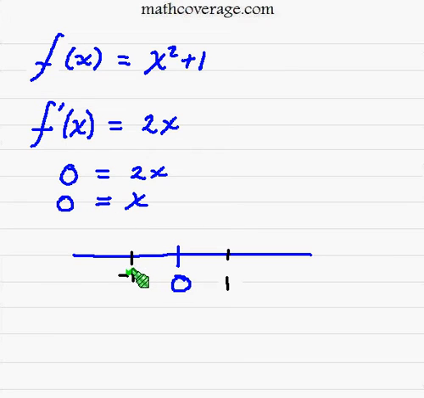All right, the next thing you want to do is take this -1 and plug it into the derivative. What we're concerned about is whether our value is positive or negative. So I put -1 in, and 2 times -1 is -2.